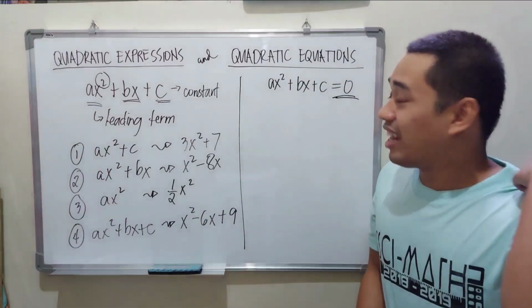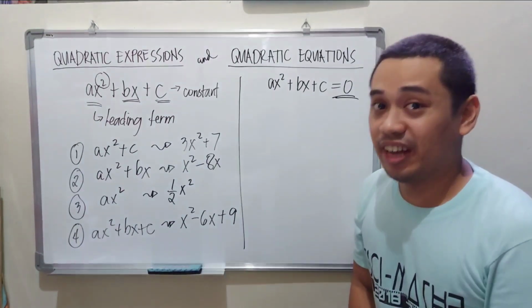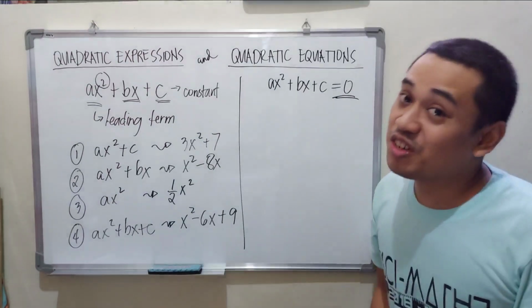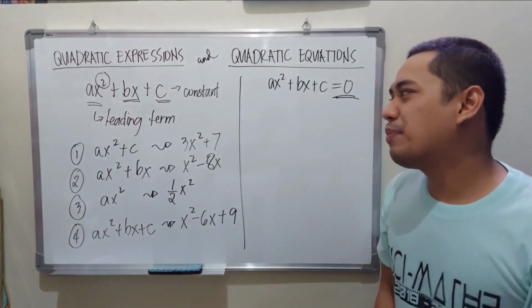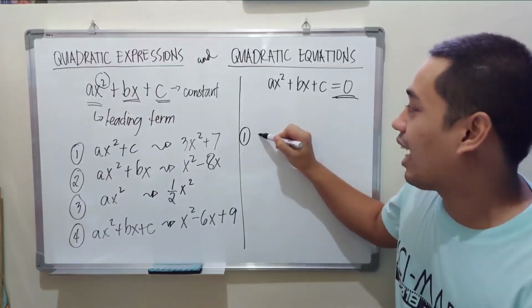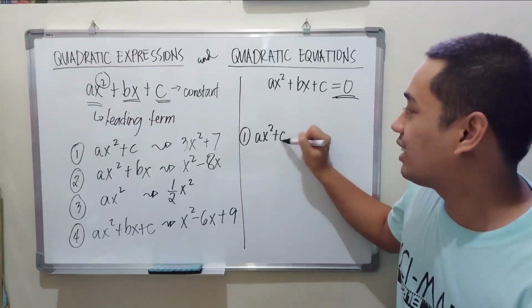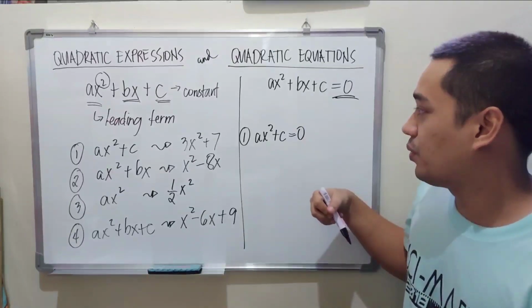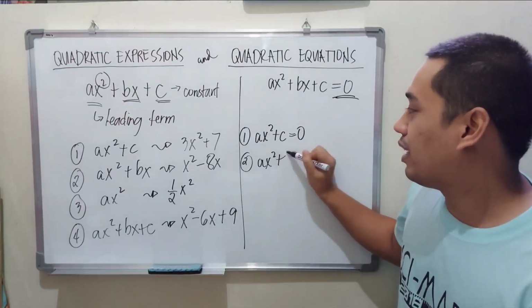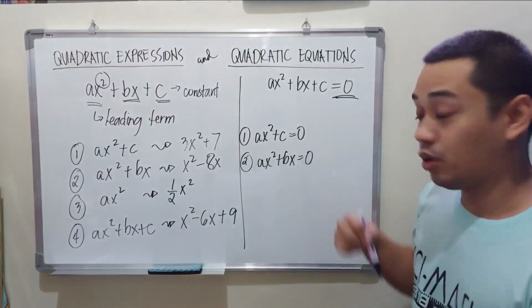Likewise, quadratic equations can have the same variation or forms of the equation just like the quadratic expression. So it can be in the form of number 1, ax squared plus c equals 0. For number 2, it can be ax squared plus bx equals 0.